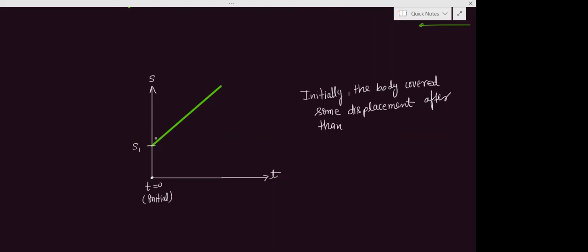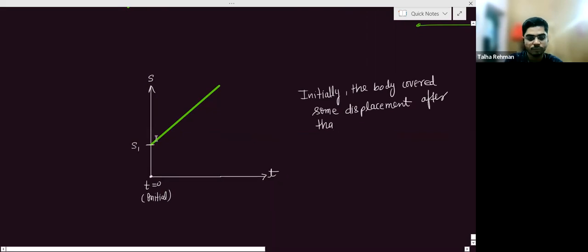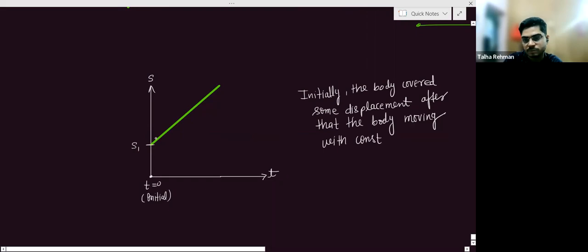After that the body is moving with constant velocity.